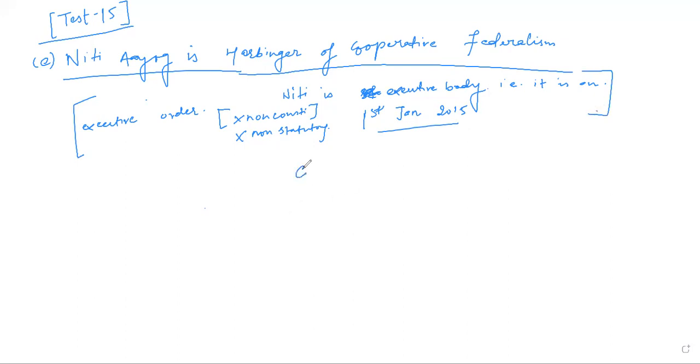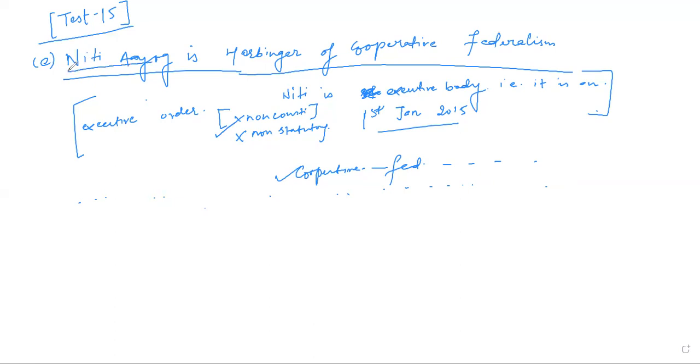Now you will define cooperative federalism. Cooperative federalism talks about cooperation at different levels in which the center and states work together towards a common goal for fulfilling the vision of a developed country. So you defined cooperative federalism and you defined Niti Aayog.